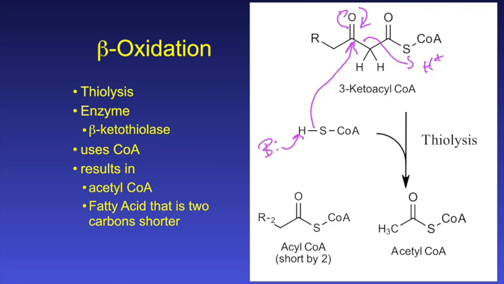In where? Which organelle? The mitochondria. And remember when we made those types of things, where does the acetyl-CoA go to? In the mitochondria. The which cycle? Citric acid cycle.